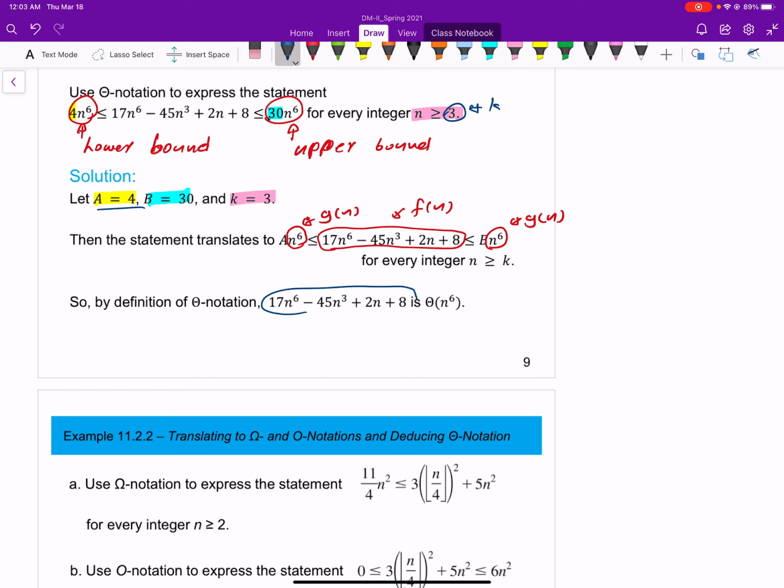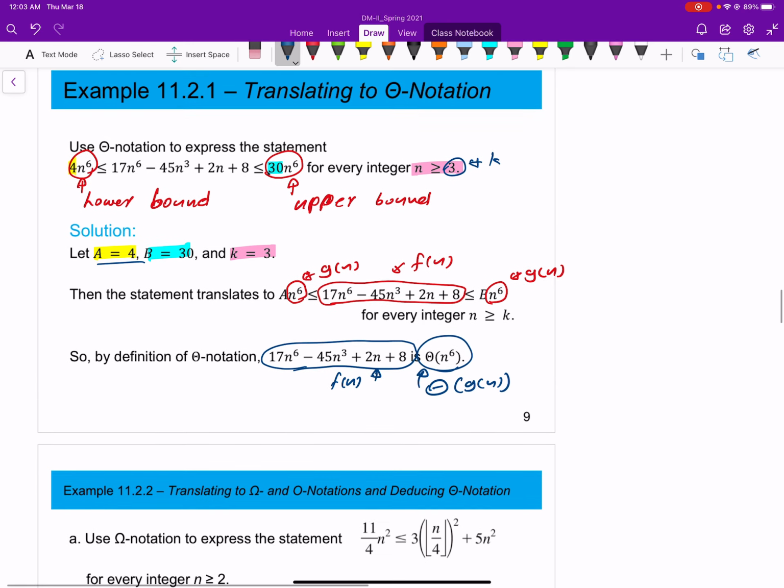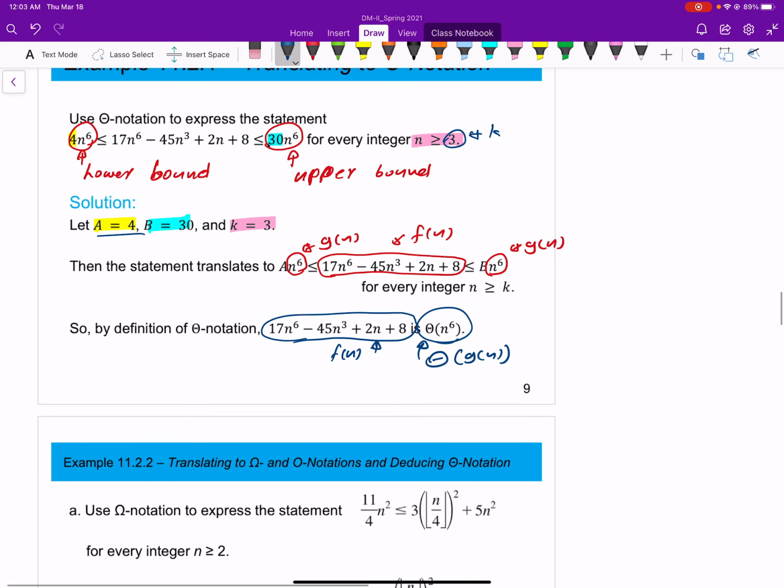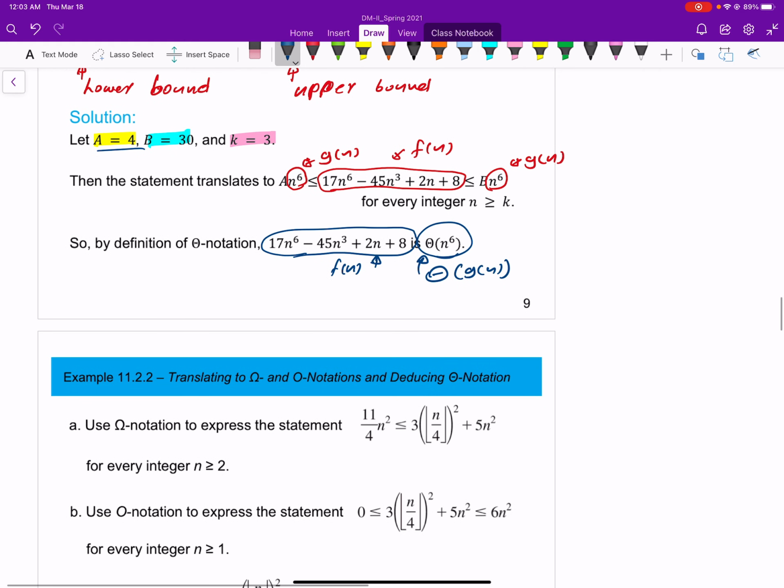This is f(n), and this is theta of g(n). All right, so it's clear to you now. We are simply using the given definition.